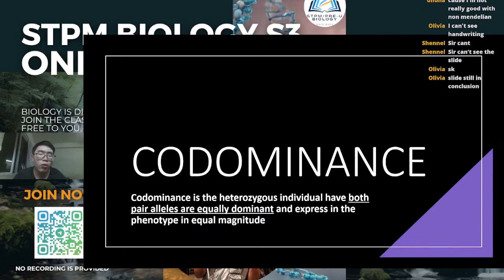Okay, codominance. In codominance, the heterozygous individual has both alleles equally dominant, and they are expressed in the phenotype in equal magnitude. If you still remember Mendel, he finalized that alleles must be one dominant and one recessive only.